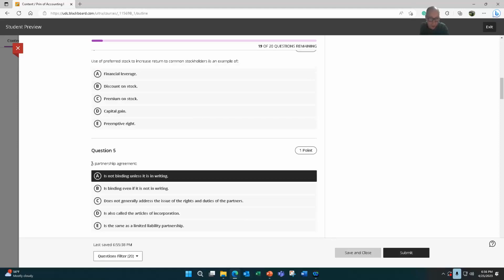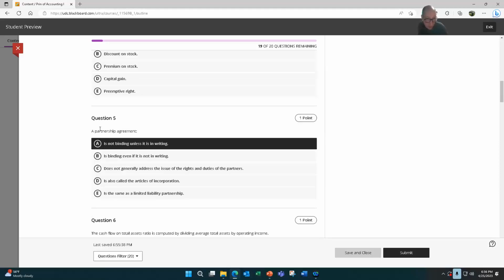Question 5. This is a definition. A partnership agreement. That's partnership accounting. That's chapter 12. Partnership agreement. It's the definition of partnership agreement.